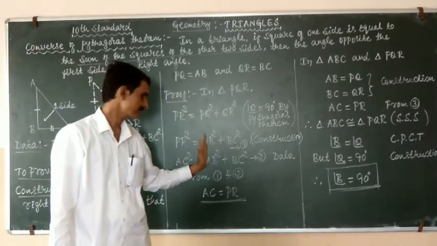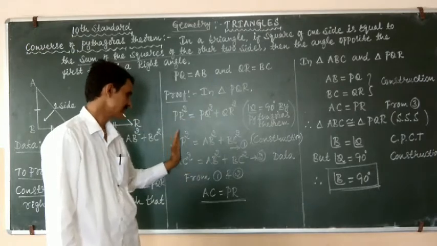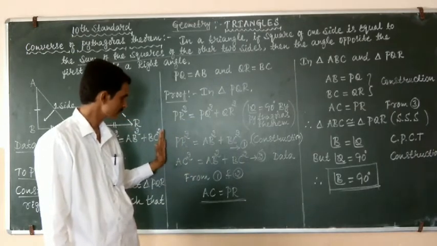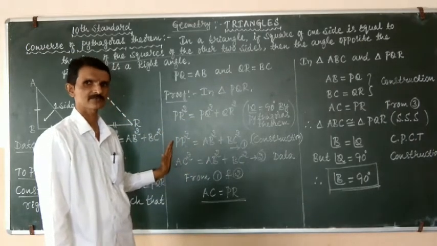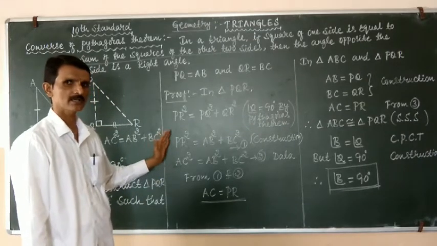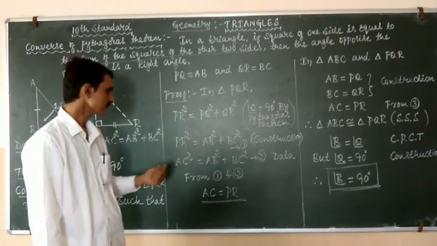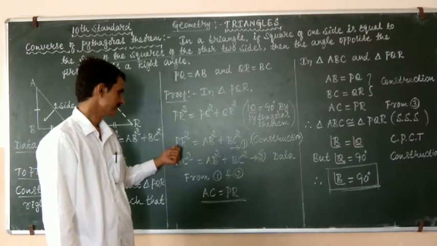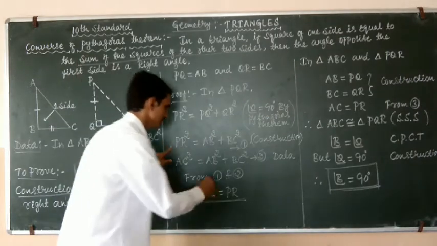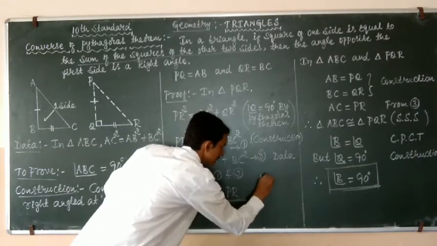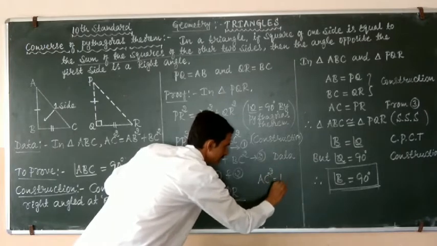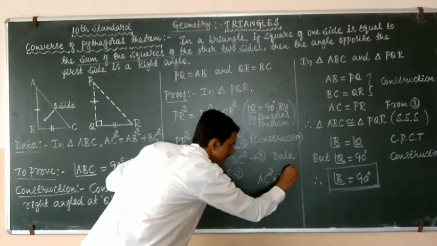If the RHS are equal, then the LHS is also equal, since things which are equal to the same thing are equal to one another. Therefore, AC square is equal to PR square.